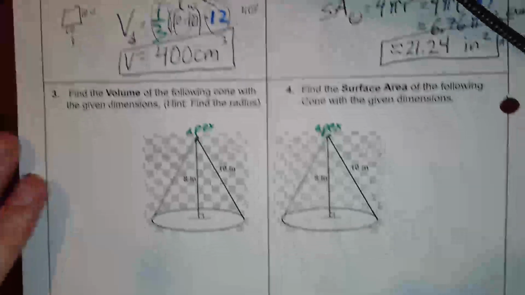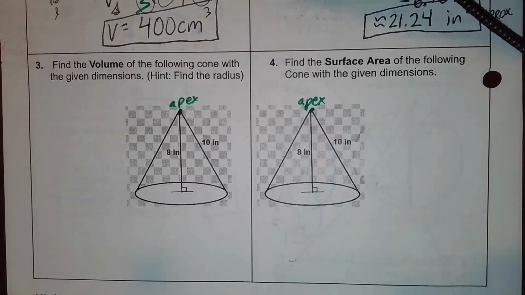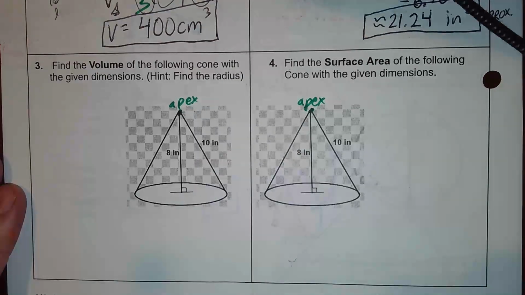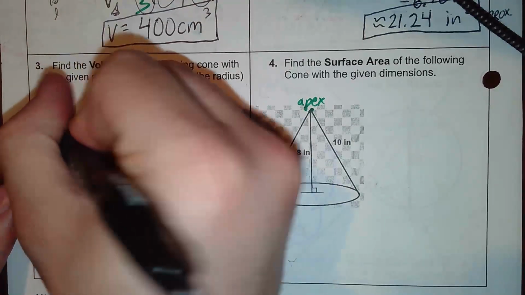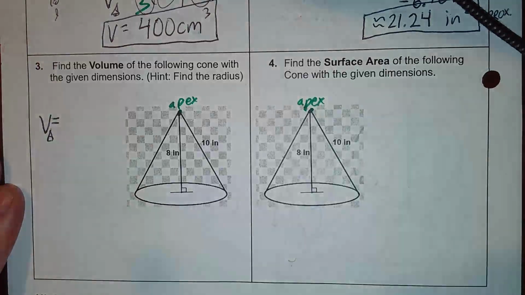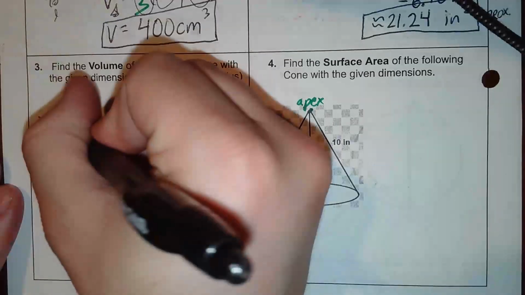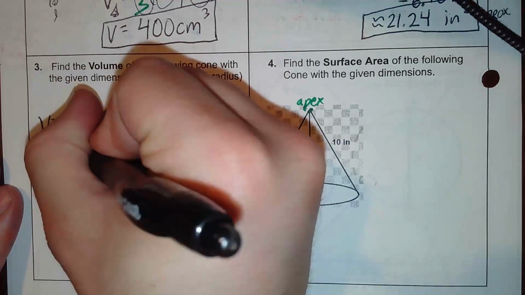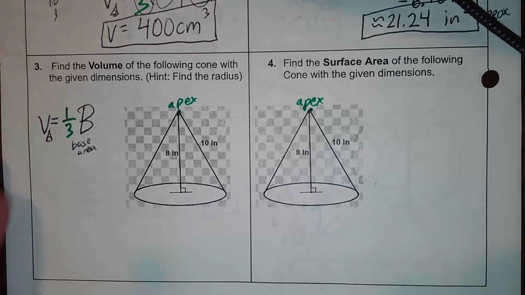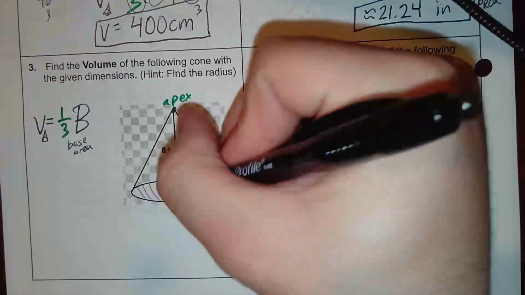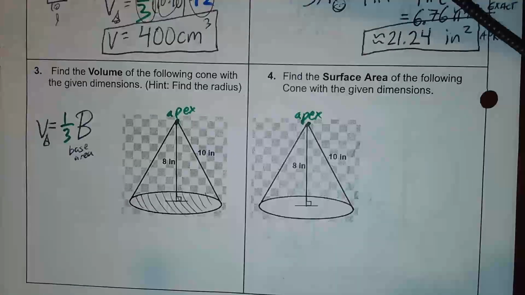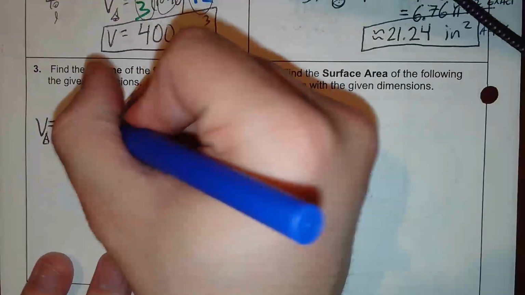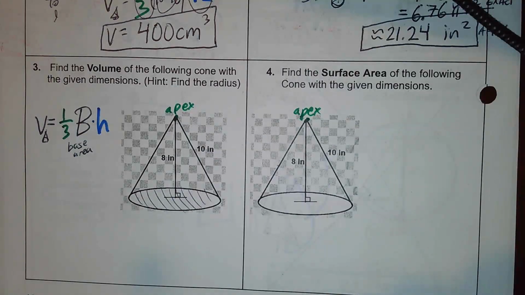Okay, let's move on. Number 3 is going to be the volume of a cone. The volume of a cone, it does have an apex, so we're talking about the same formula. Volume of a cone is going to be 1/3 base area, which we know is a circle, and that is going to be multiplied by the vertical height.